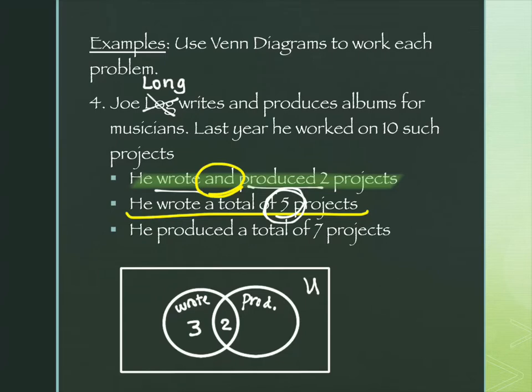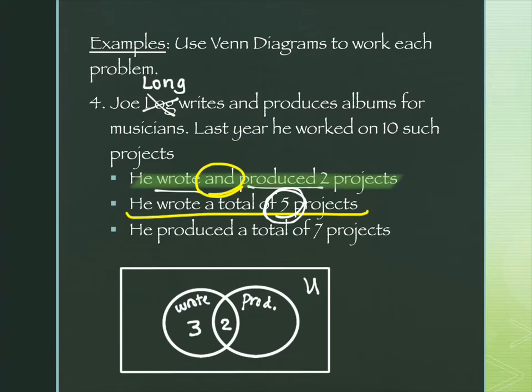The third piece of information, and it's the last piece in these bulleted spots, says that he produced a total of 7. So produced is another circle. It has to be a total of 7 in that circle, but there's something already in that circle: 2, right? So I don't put a 7 in the outer region.